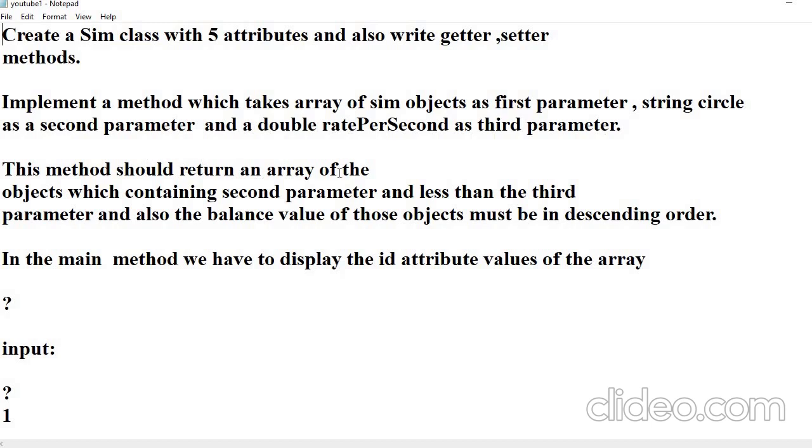This method should return an array of the objects containing the second parameter and less than the third parameter, and also the balance value of those objects must be in decreasing order. In the main method, we have to display the ID attribute values for the array. Cool. So it's basically saying that we need to create a Sim class which has the following instance variables, and we are not going to use those instance variables directly.